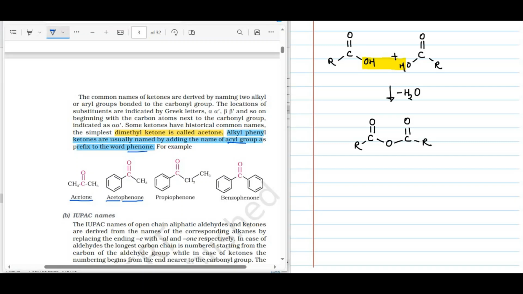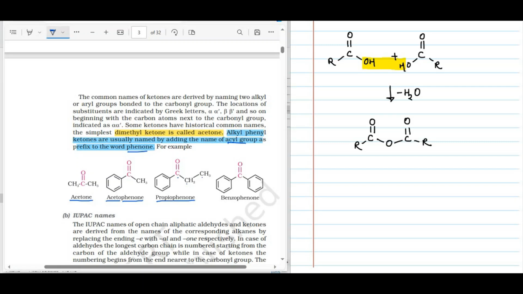In the third example, here 1, 2, 3: phenone for the phenyl group and propiophenone, as it contains 3 carbons including the carbonyl group. So the name of this molecule will be propiophenone.